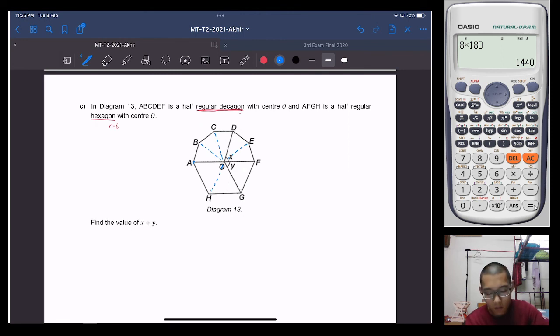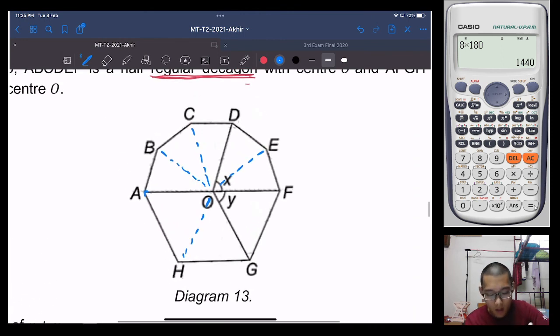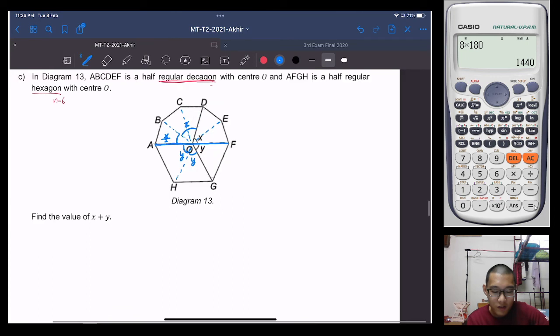Since they are congruent, this is a y, this is a y. So can you identify x? Where is the x? So this is the x. Here it is x minus x divided by 2, right? So we can use the property of straight line to solve this one. Very easy, this one.